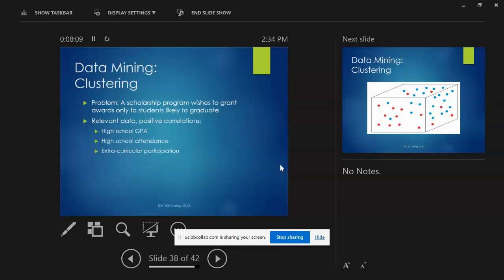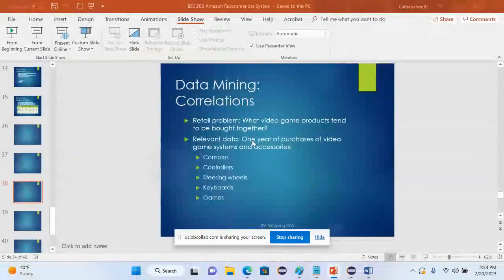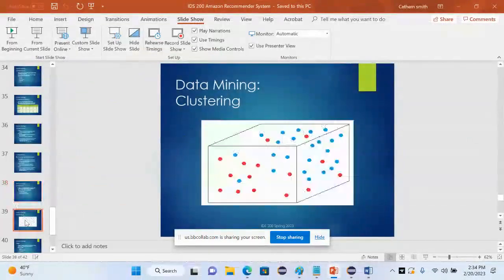So you have this whole batch of data that you use to figure out who is likely to graduate, and you've crunched the numbers, and you found that the 3 important determinants are high school GPA, high school attendance, and extracurricular participation, right? So this isn't just you making this up. You've actually gone through and crunched some numbers and found that this is the case. People who score well on those metrics are more likely to graduate. And we're going to represent the universe as this box.